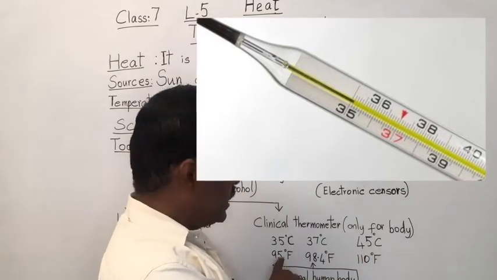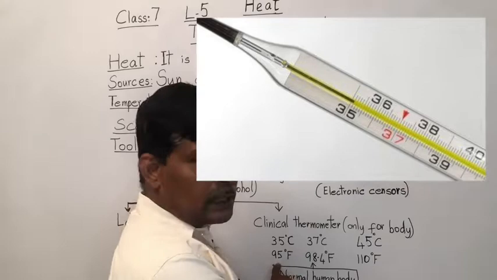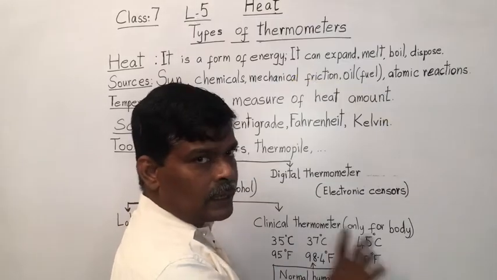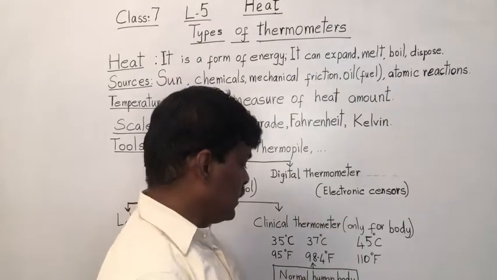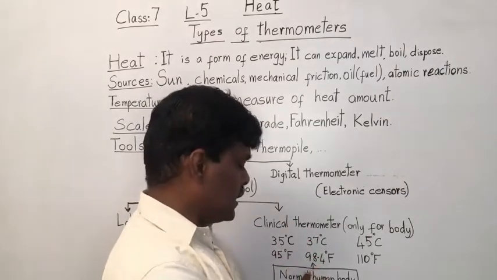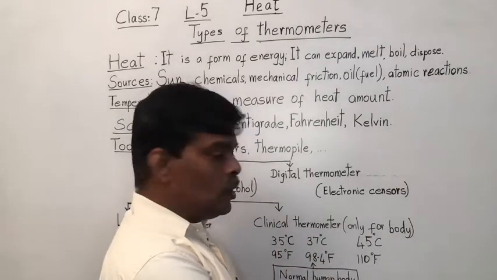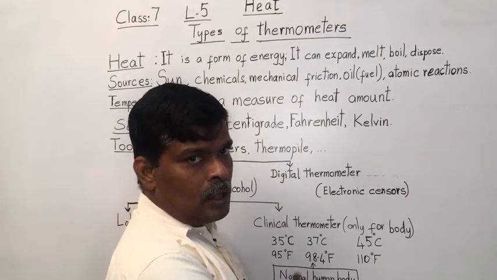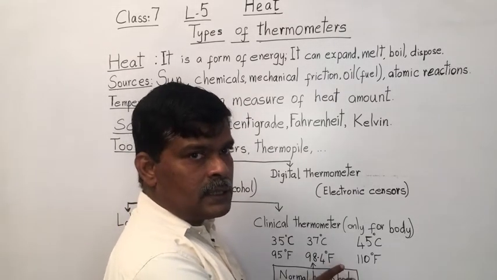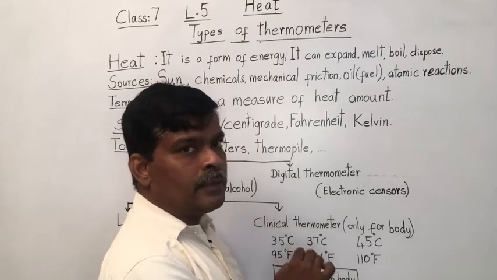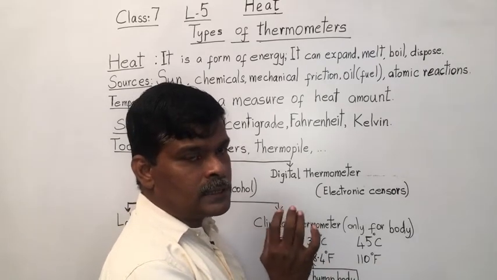Converted to Fahrenheit, that is 95 degree Fahrenheit to 110 degree Fahrenheit. What is our normal body temperature? It is 37 degree centigrade, converted to 98.4 degree Fahrenheit. So it is our human normal body temperature. It is marked in thermometers with a red mark for understanding purposes.